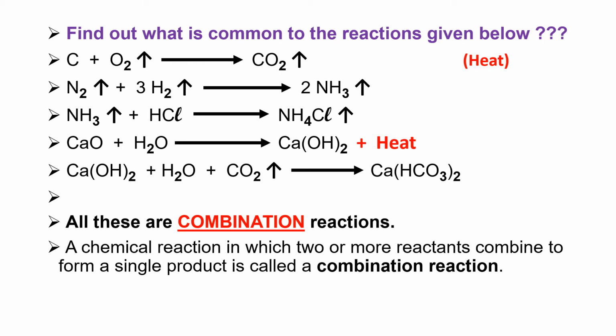A chemical reaction in which two or more reactants combine to form a single product is called a combination reaction. So whenever you see a single product, why is it called a combination reaction? Because two or more reactants, any number of reactants, all join to give you one single product. That's why it's called a combination reaction. I hope it is clear. So whenever you see one product, you have to understand that it's a combination reaction. Simple. Let's continue.